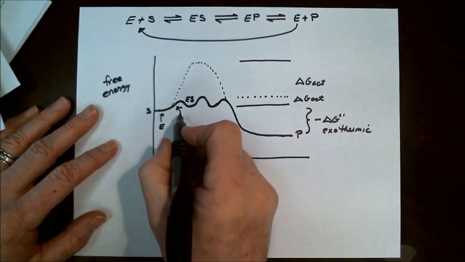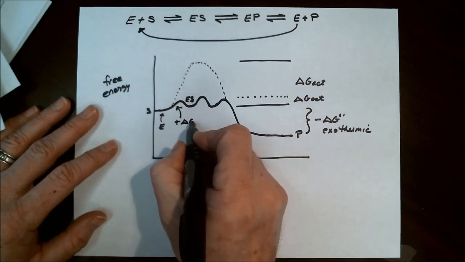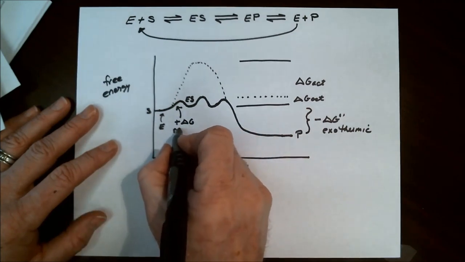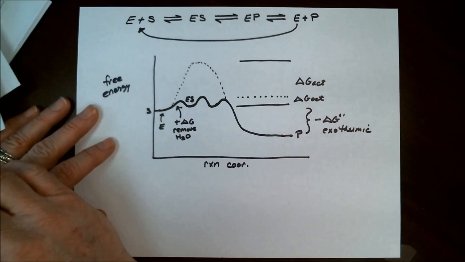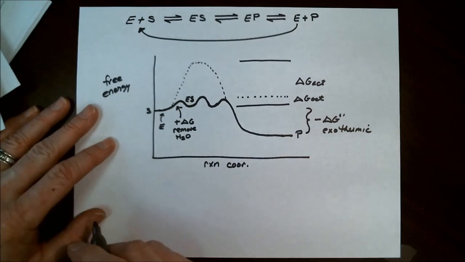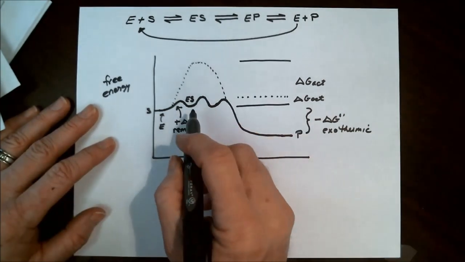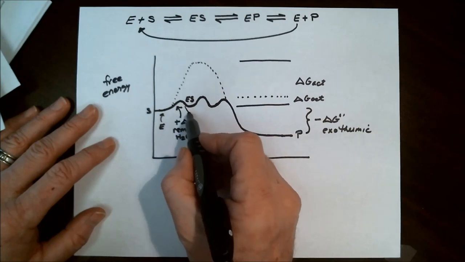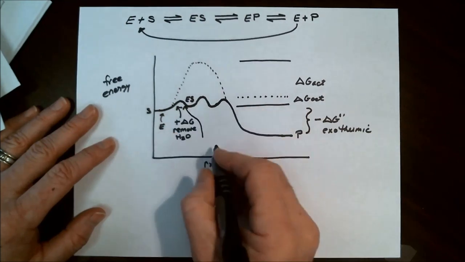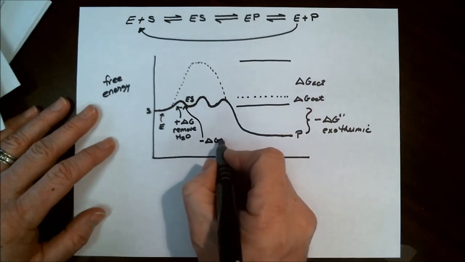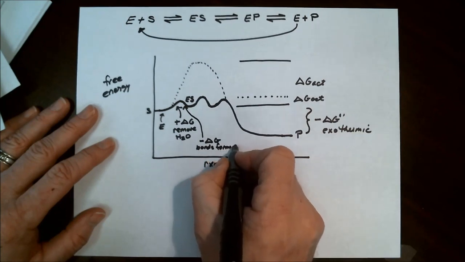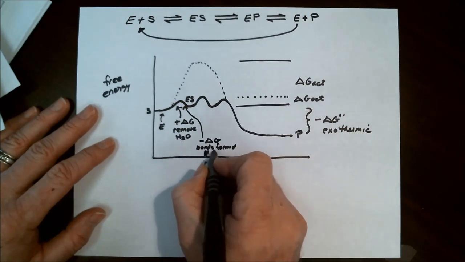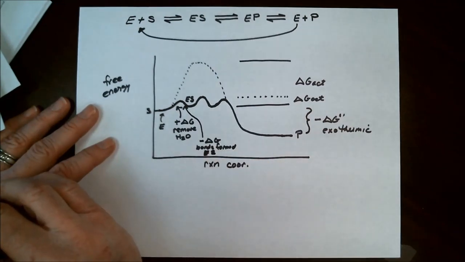This needs a positive delta G input of energy to remove water and salts from the substrate in order for it to enter the enzyme. Now once the substrate enters the enzyme pocket, it reforms bonds with the enzyme. And here we have a negative delta G. These are bonds formed between the substrate and enzyme, which, of course, is exothermic.